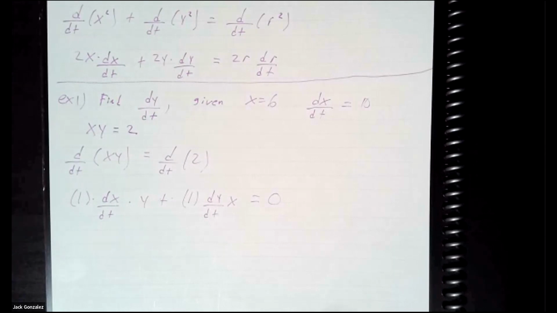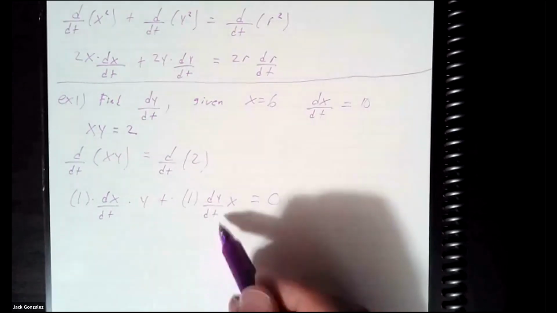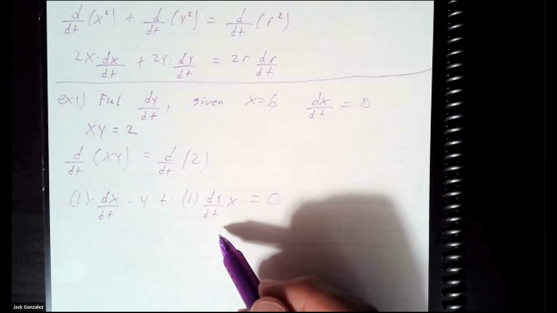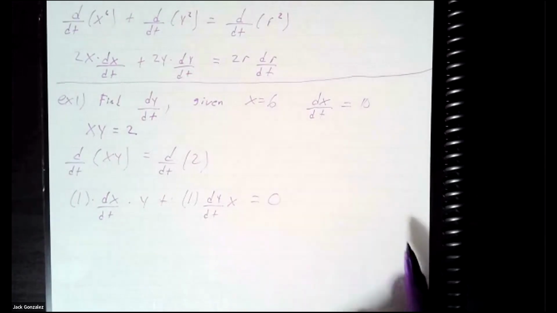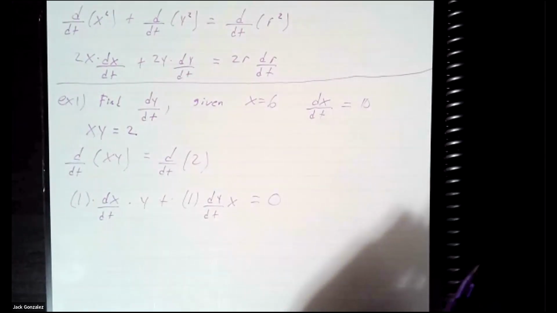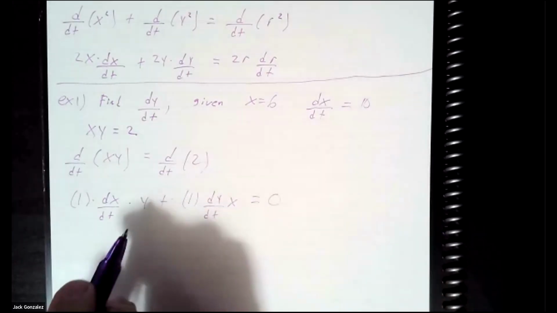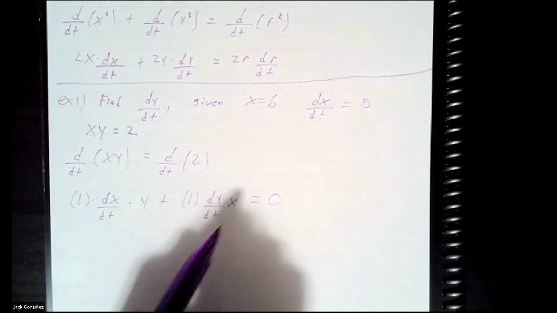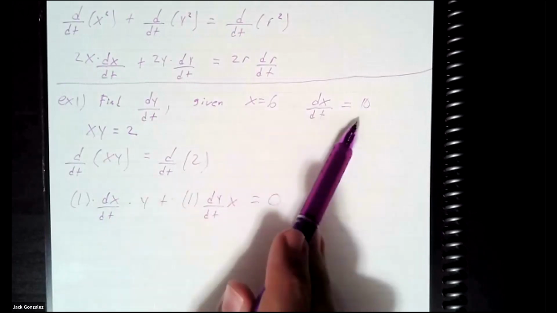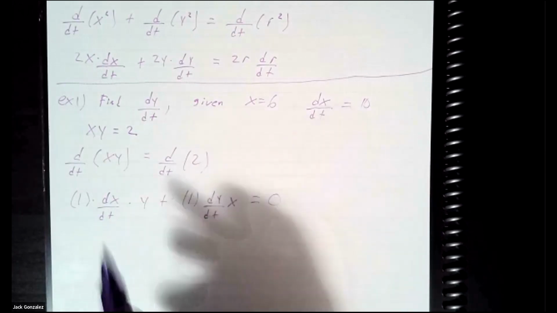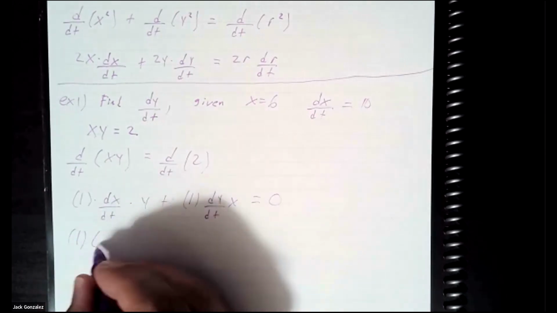All right, so just plug in everything and solve for dy dt. Or you can solve for dy dt and then plug stuff in. Doesn't matter. Let's plug in x, which is 6, dx dt, which is 0. So this would be 1 times 0.